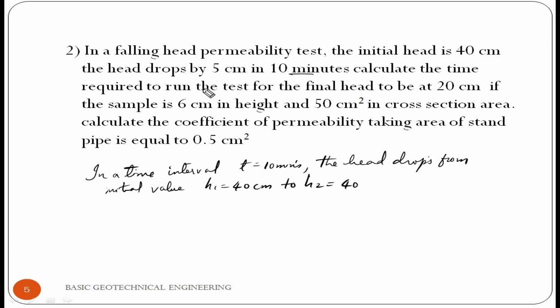It drops by 5 centimeters, so minus 5, so H2 will be 35 centimeters. So now we have to use the equation for falling head permeability: K is equal to 2.3 aL divided by At into log to the base 10 of H1 divided by H2.